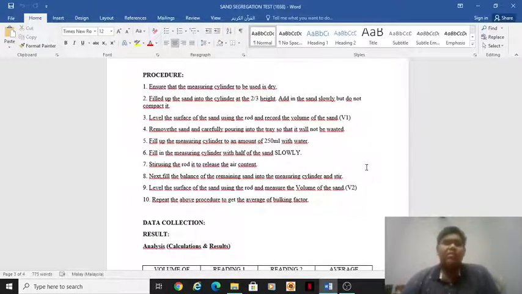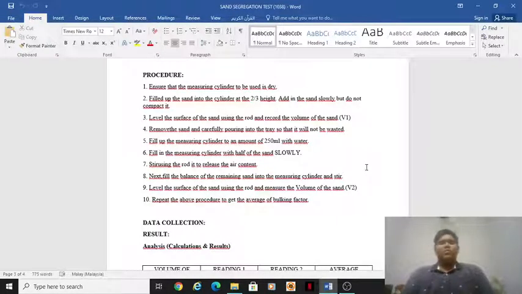The fifth is to fill up the measuring cylinder to an amount of 350 millimeters with water. Fill in the measuring cylinder with half of the sand slowly, stirring with the rod to release the air content.